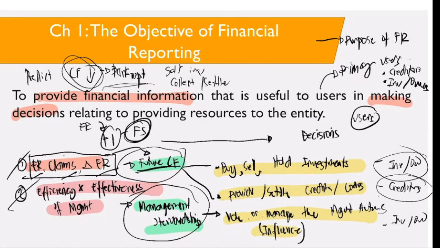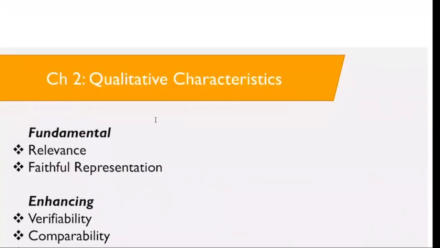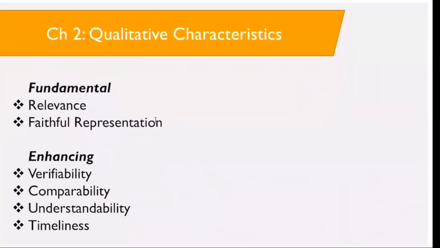Okay, so we're done now with chapter 1 of your conceptual framework. We proceed now to chapter 2 of your conceptual framework. So under chapter 2 of the conceptual framework, we are to discuss now the qualitative characteristics of financial information.